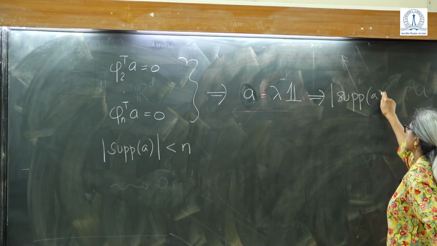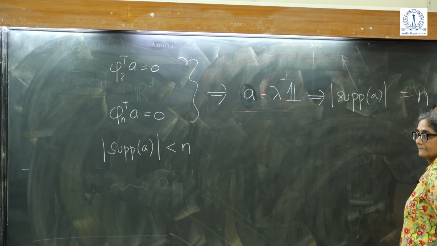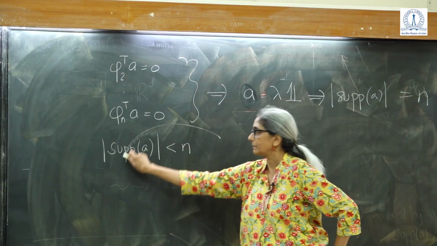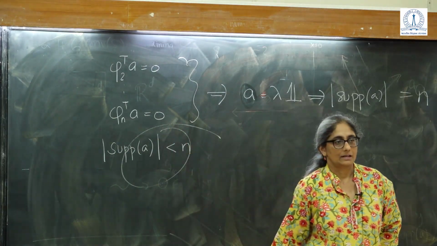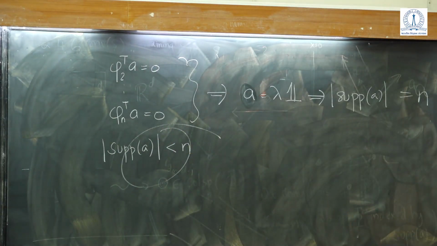Yes, the support is n. So this is not possible. So there can be no proper subset of vertices with weights, that's the A vector, that can average everything. So you have to leave out at least one non-trivial eigenvector if you want to look for designs that are proper subsets. Everybody okay? So that was one piece.